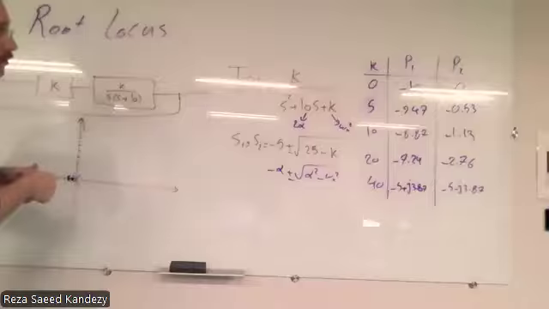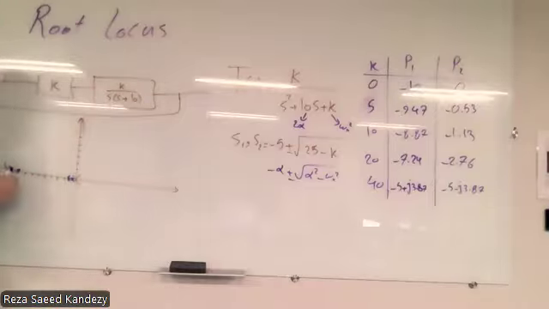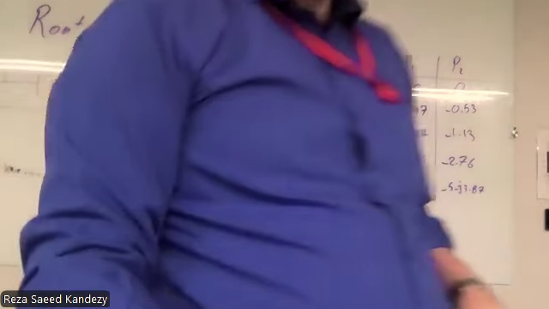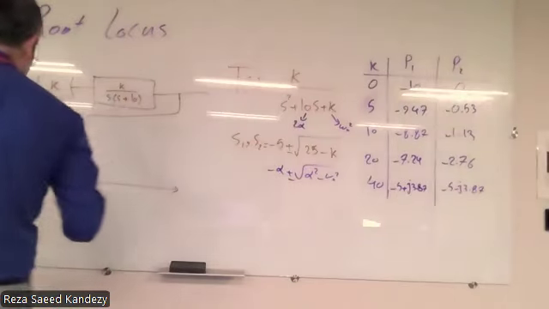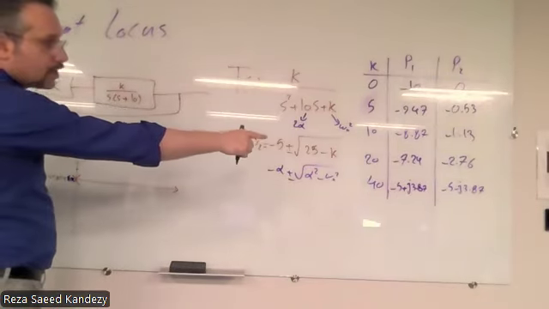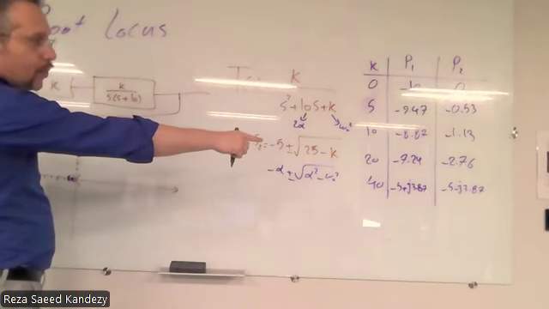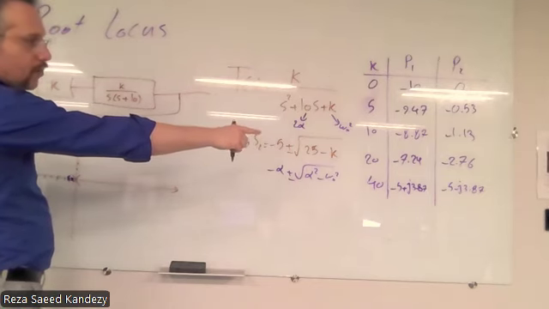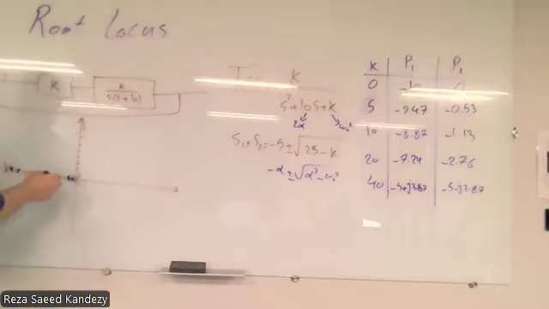Next one, for 20, we have minus 7.24, so somewhere here. The next is going to be minus 2.76, so somewhere here. And my last one is going to be minus 5 plus j3.87. Minus 5: 1, 2, 3, 4, 5.